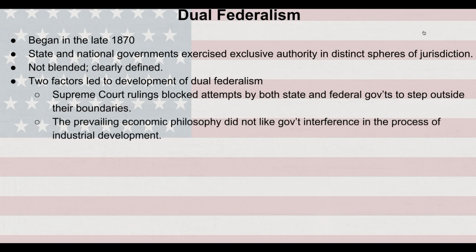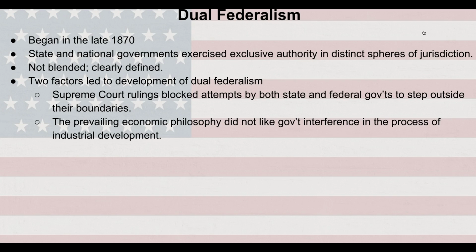And the prevailing economic philosophy of this time period did not like government interference. We're seeing a time period of industrial development, and if you know anything about the Industrial Revolution, the industries and the manufacturing companies did not like government to step in, because the government is going to regulate things like working conditions and hours and pay, and is going to cut into these industrial profits.